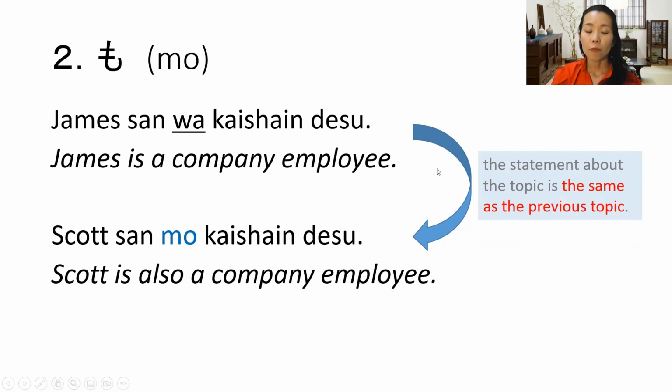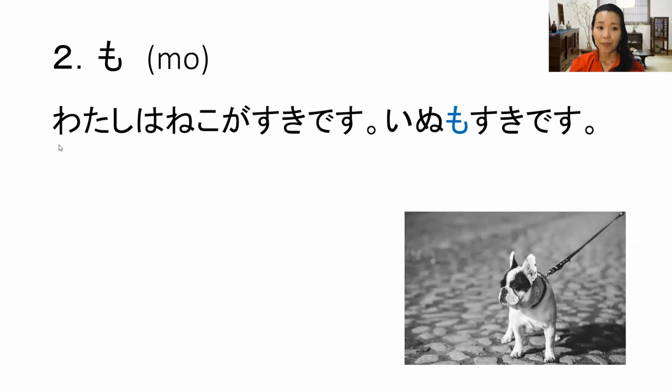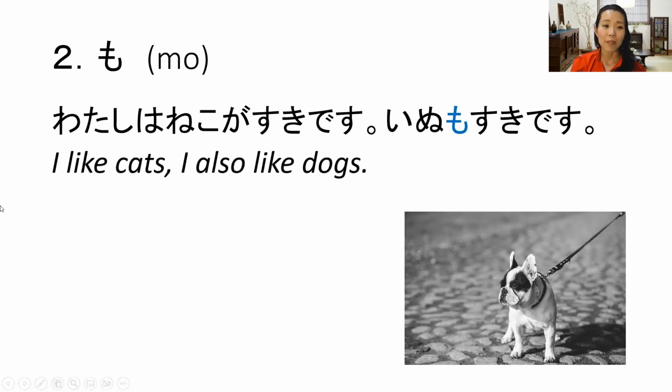As I mentioned, when you use も, the statement about the topic is the same as the previous topic. In this case, 会社員 is the topic, so we use も here. Let's look at another example. Repeat after me. 私は猫が好きです。犬も好きです。You know what this sentence means? That means I like cats. I also like dogs.